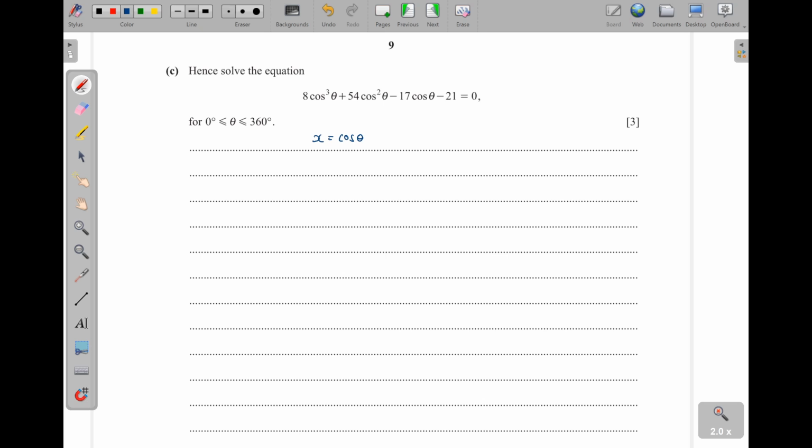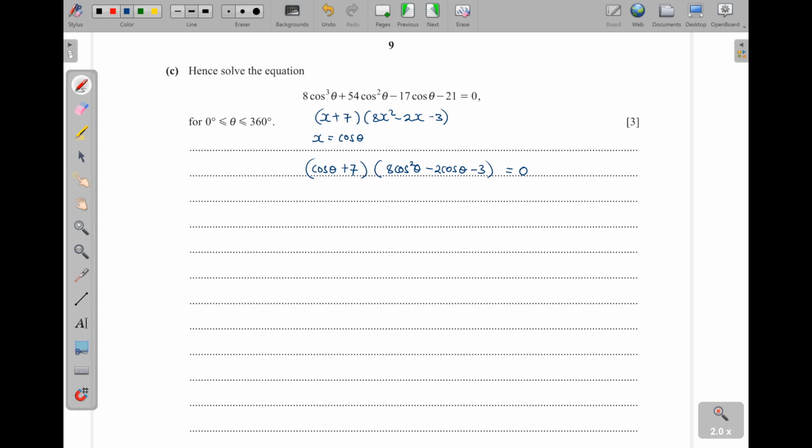So since we have x plus 7, then times the quotient, which we got as 8x squared minus 2x minus 3, this simply implies we shall have cos theta plus 7, and then inside here 8 cos squared theta minus 2 cos theta minus 3, which is equal to 0.